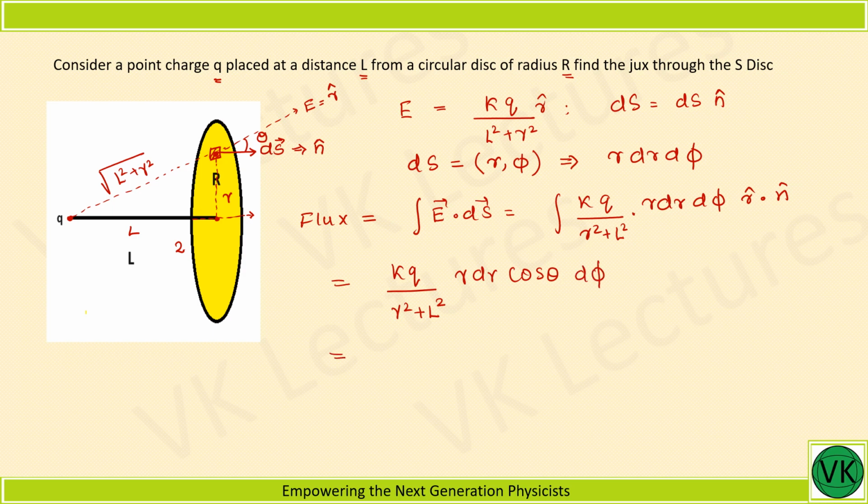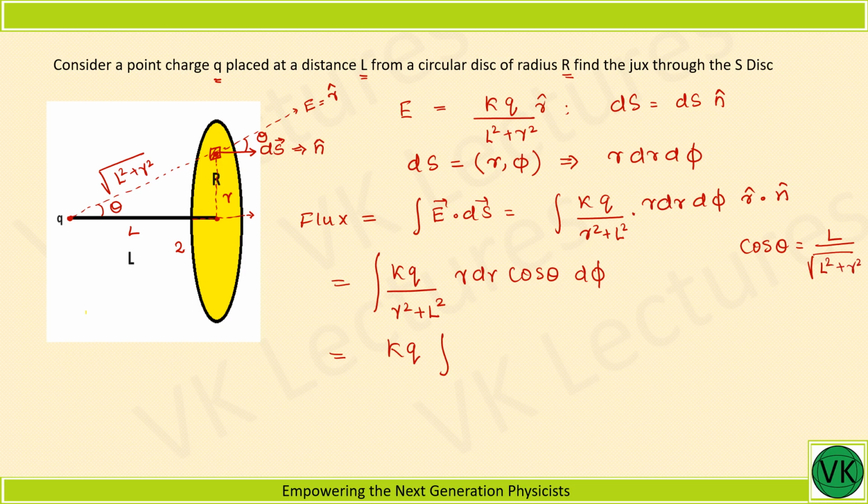Now let's take the common things out. So kq integral, and let's write what cos theta is here. From this, cos theta equals adjacent side, this is the angle theta, same as this one. So adjacent side is L and hypotenuse is root of L square plus r square. So cos theta equals L divided by root of L square plus r square.